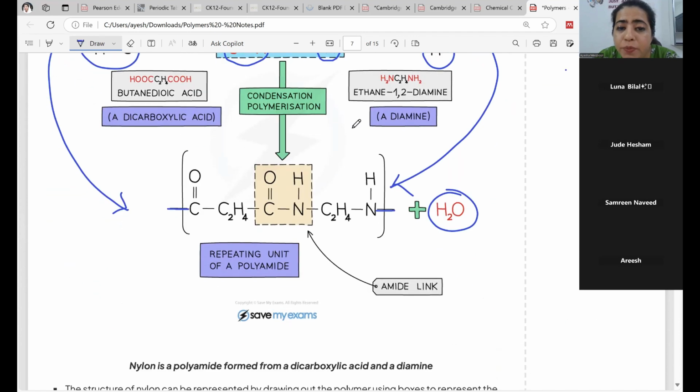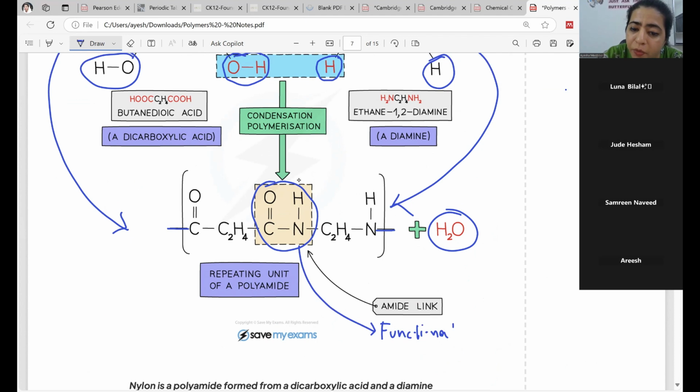So when they are going to make this polymer, they have this thing attached at the center, right? So this C double bond O, then N and H, is a new functional group for you. It is a new functional group which is going to make another homologous series of organic chemistry. This functional group has a name, and the name is amide or polyamide.